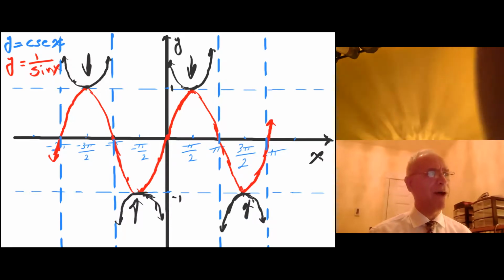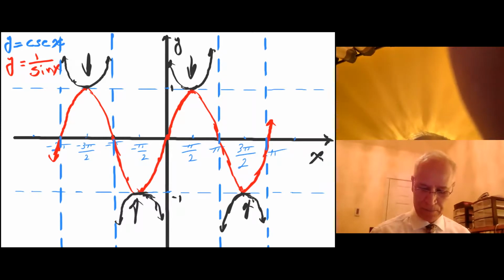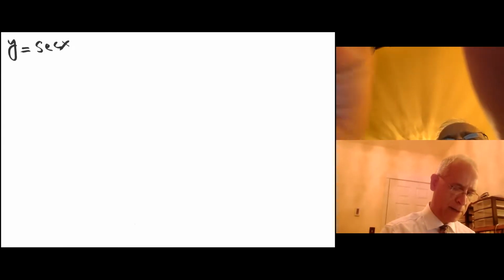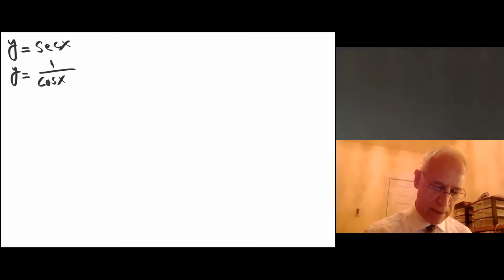I think we can do the graph of y equals secant of x very quickly. Y equals secant of x, which is the same as y equals 1 over cosine of x. Same thing again.